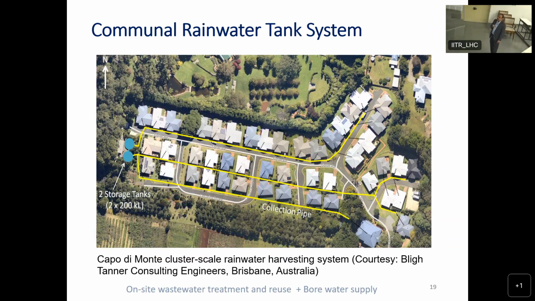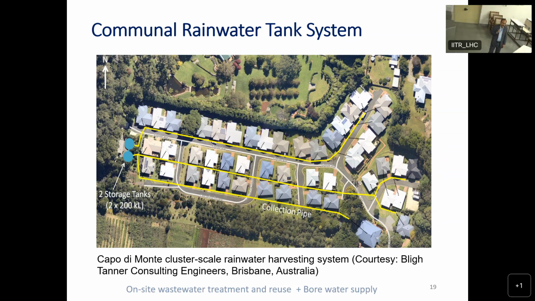In this development, there are 50 homes, and you can see all those 50 homes are supplying water to a communal storage tank. Those two tanks have a capacity of 200 kilolitres each, and also close to that there is a borehole pump, tube well we call it over here.